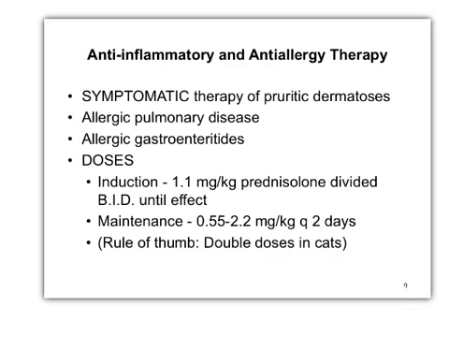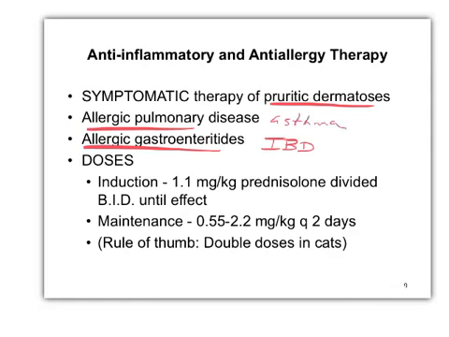Well, let's turn to a bread and butter use of glucocorticoids in small animal practice particularly, and that's the anti-inflammatory and anti-allergy therapeutic use. Examples of this would be allergic pruritic dermatoses, allergic pulmonary disease like asthma, or allergic gastroenteritis such as inflammatory bowel disease, IBD.